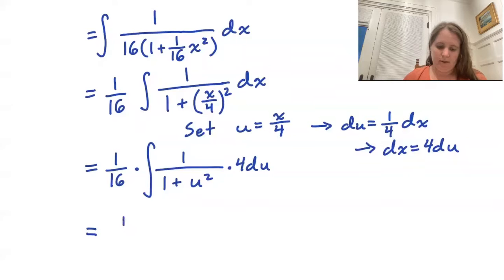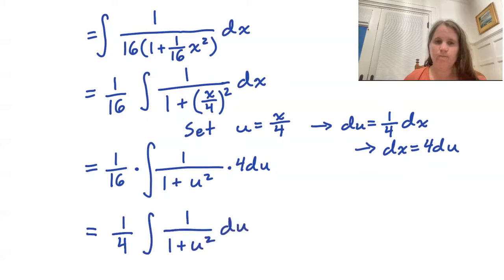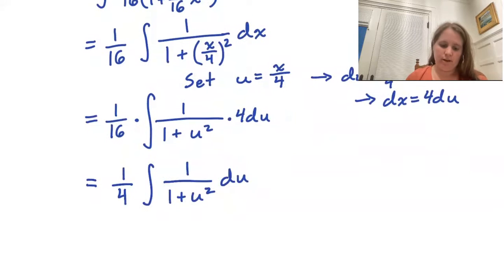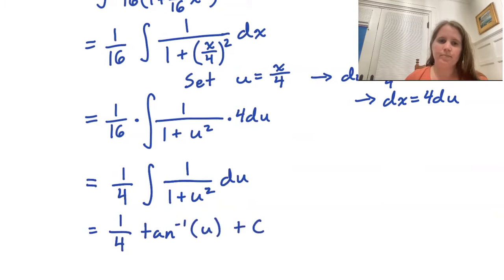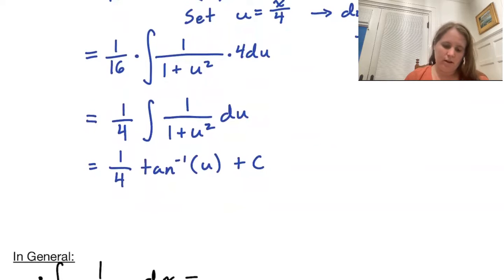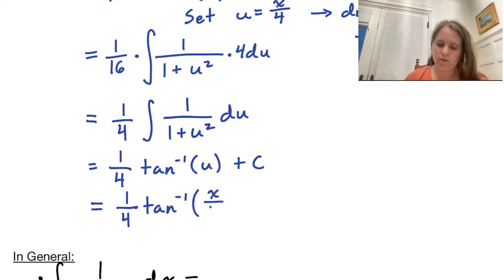This is the same as 1/4 times the integral of 1 over 1 plus u squared du, otherwise known as 1/4 times tan inverse of u plus c. And plugging back in our u, we have 1/4 times tan inverse of x over 4 plus c.